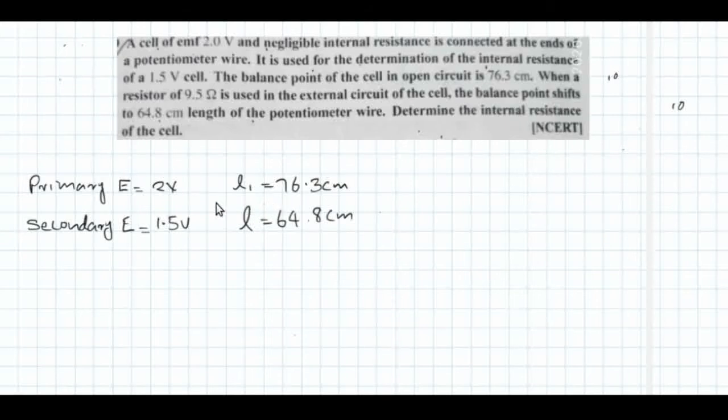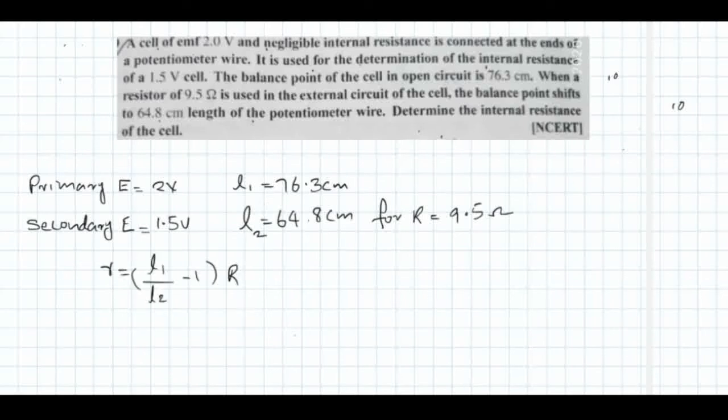That is the balancing length in the open circuit, L1, and it is 76.3 centimeter. Then we close the key and include the external resistance. Then we get a new balance length, L2. So that is how we get L1 and L2 for a potentiometer wire connection.